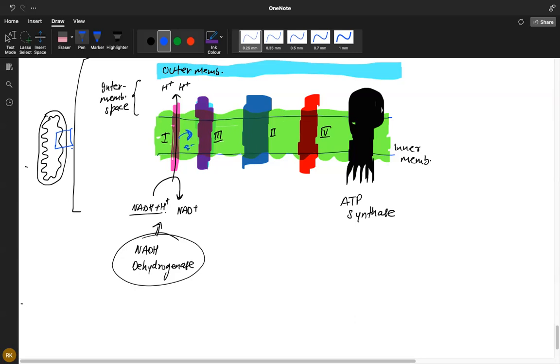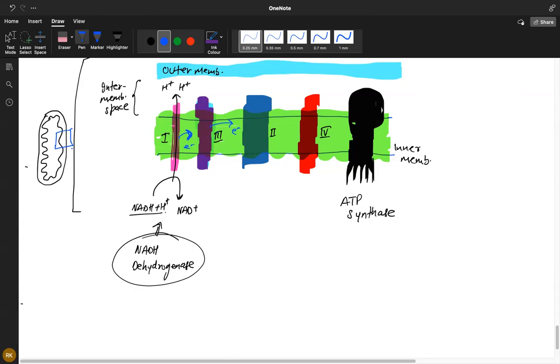Remember it was an electron transport chain. So electrons keep going from one complex to another. Write down, the electrons from complex 1 are transferred to ubiquinone. Ubiquinone is sitting in the membrane between complex 1 and complex 3.